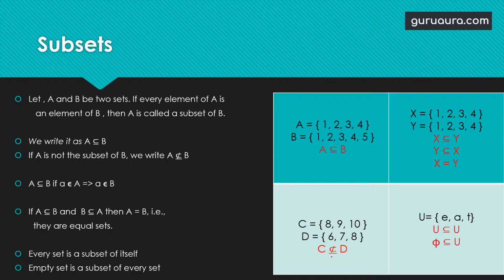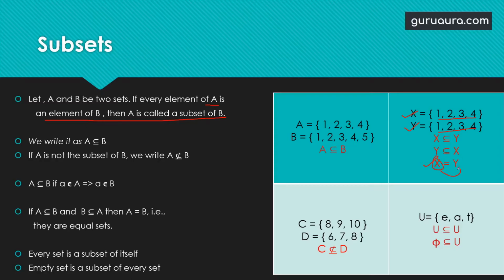Now let's look at another example. Let's consider two equal sets, X and Y, with elements 1, 2, 3 and 4. From the definition of subset, we know that if every element of a set A is an element of set B, A is called the subset of B. The equal sets satisfy this definition, as every element of set X is an element of set Y and vice versa.